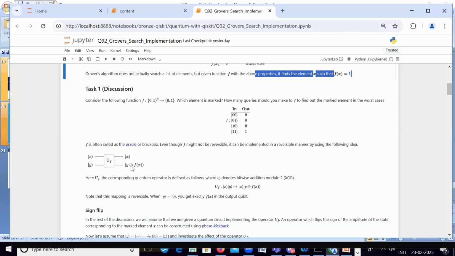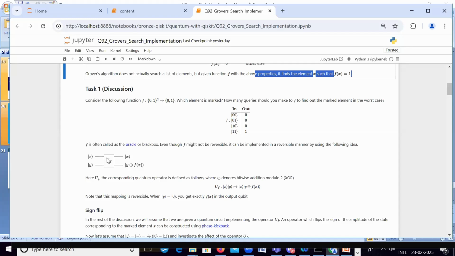This is the direct sum, which is another operator. It is not the tensor operator. It is a straight plus, that is the direct sum operator. Here U_F is the corresponding quantum operator, defined as follows. This is the linear representation of this operator.